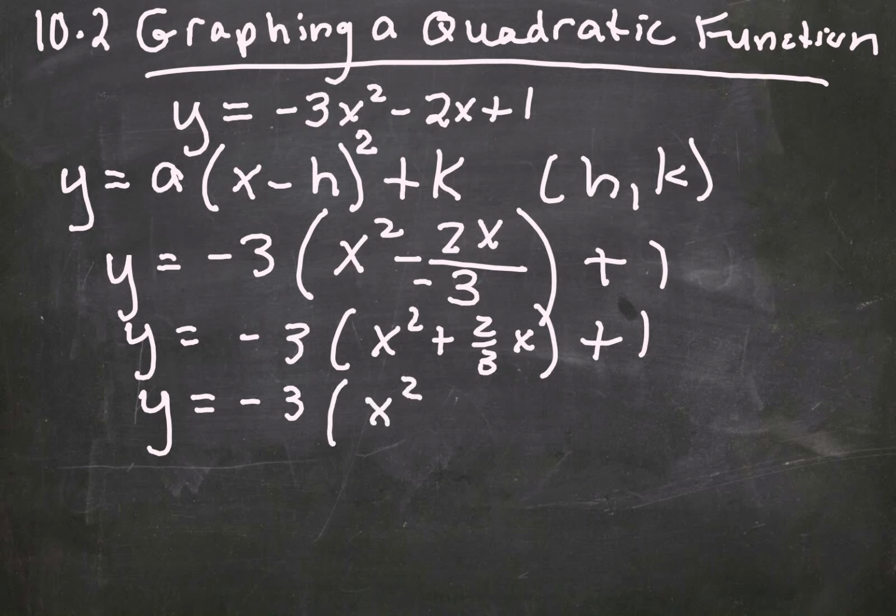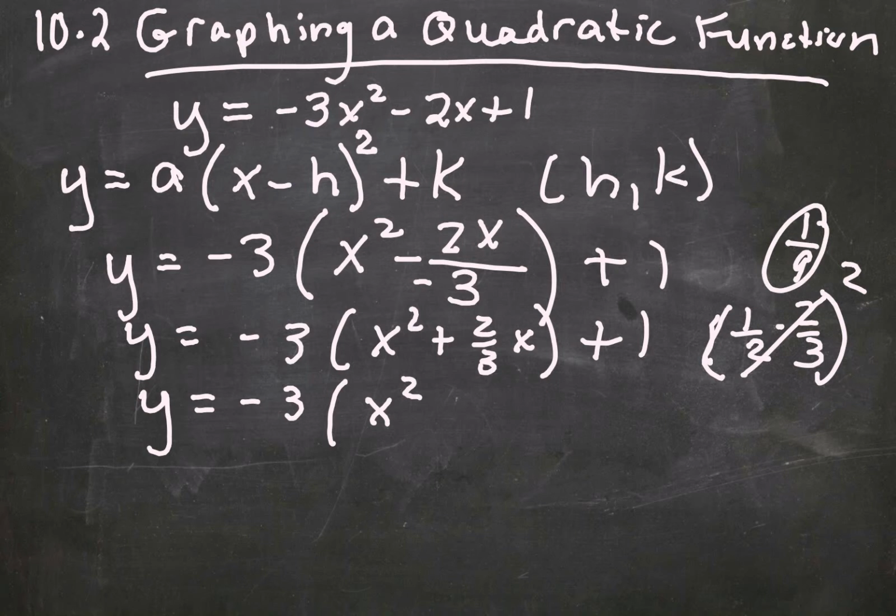Okay, so if I take half of 2/3 and then square it, half of 2/3, well, that cancels, so I get 1/3, and 1/3 squared is 1/9. So that's what we're going to add to this part of our function, plus 1/9 plus 1.